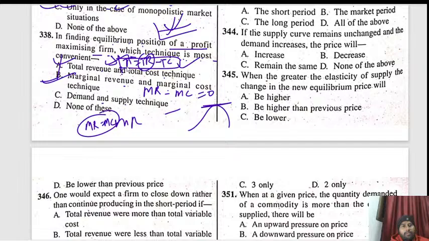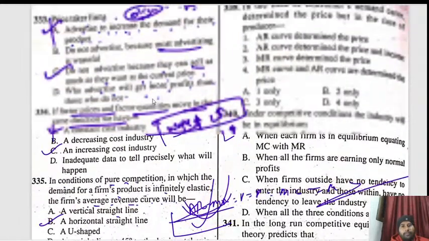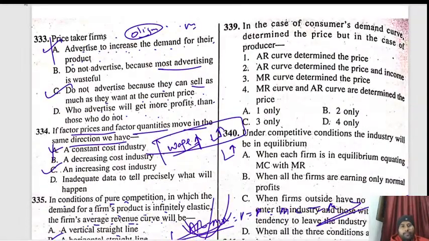Moving ahead with question number 339. In the case of consumers, the demand curve determines the price, but in the case of producers, the AR curve determines the price.